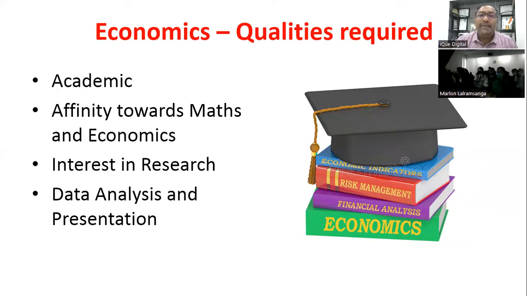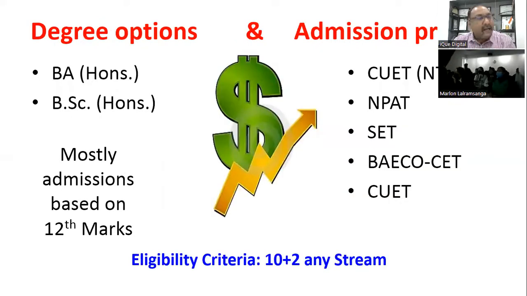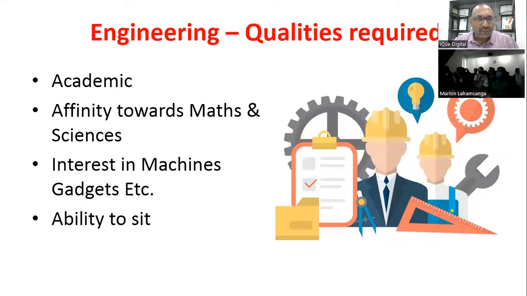One, people coming from a computer applications background, and second, people coming from an economics background. In India, two degrees in economics are available, BA or BSc honors. Mostly admissions are based on 12th marks, and any candidate from 10+2 can join economics as a course.